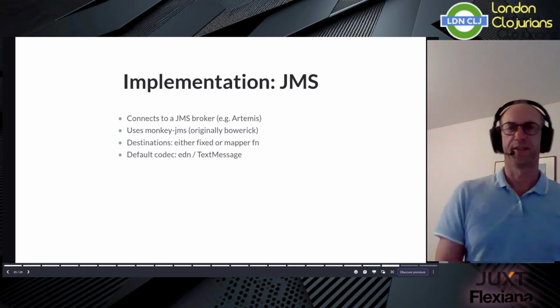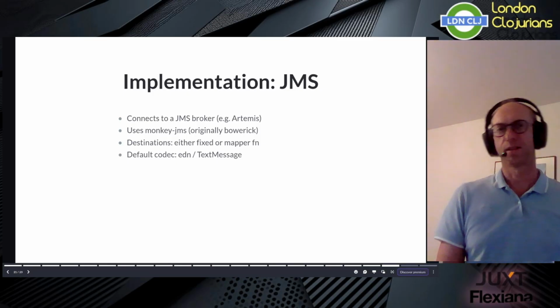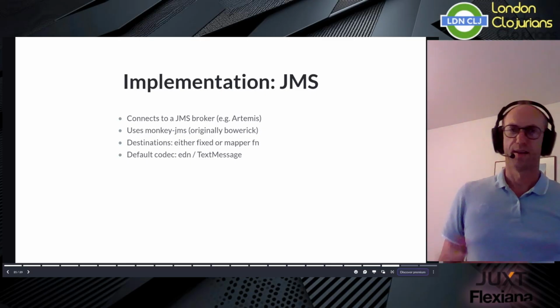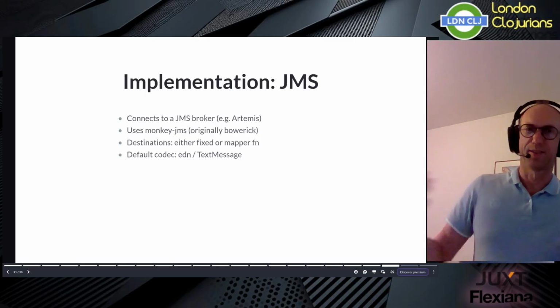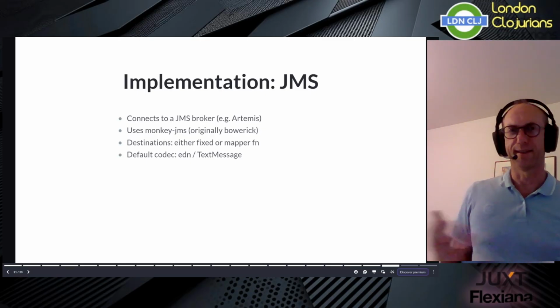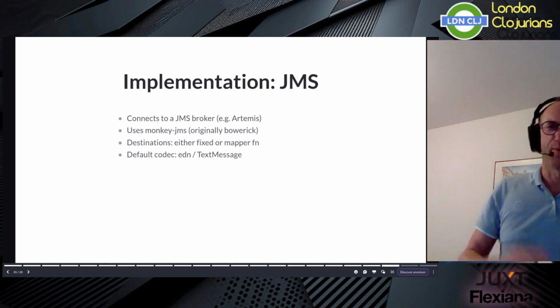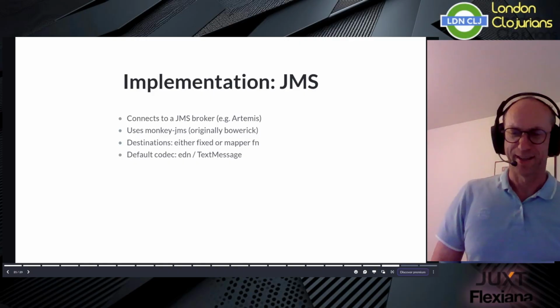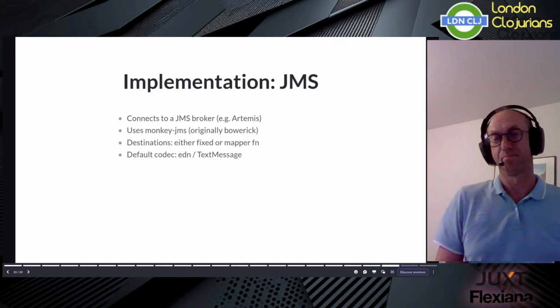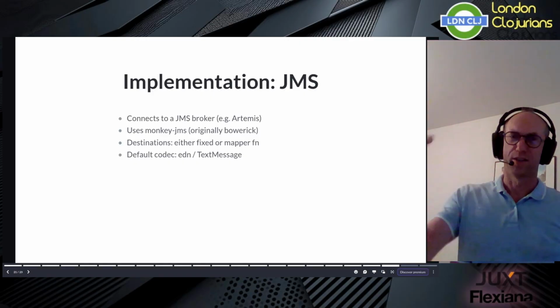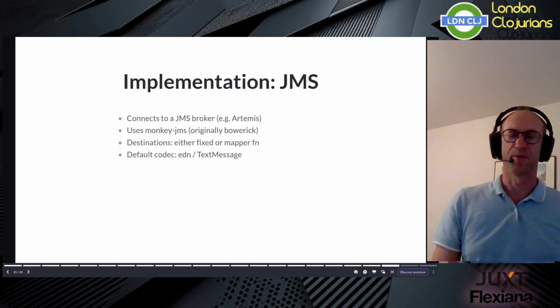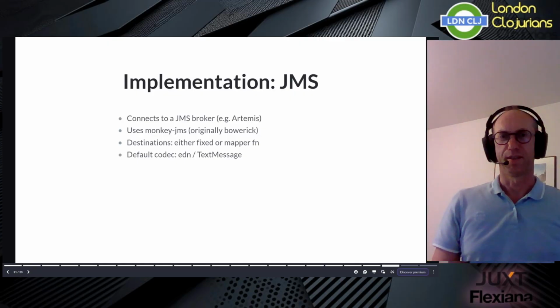But I needed some things that were not in there, and on the other hand, it contained a lot of stuff that I did not need, and in the last release version, they were dependent on a snapshot of something else. So I said, I'll just write something myself because it was not that hard. It's just a thin layer on top of the JMS implementation in Java.